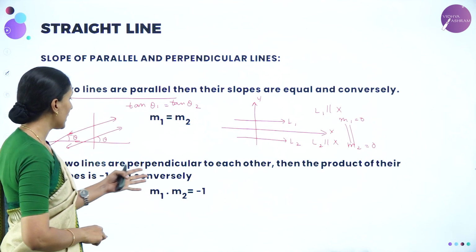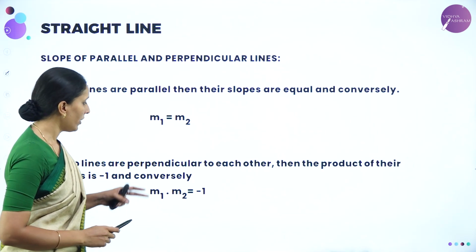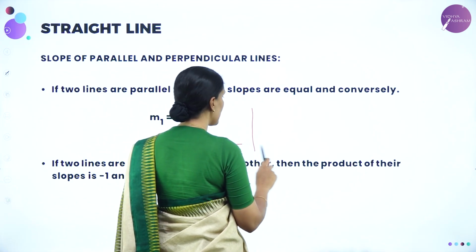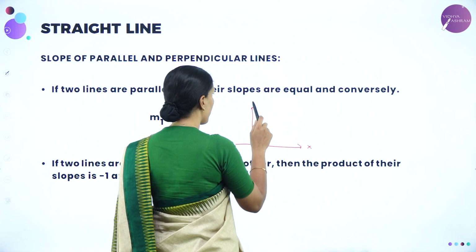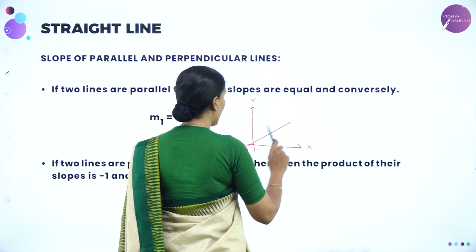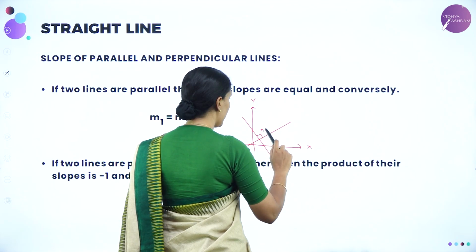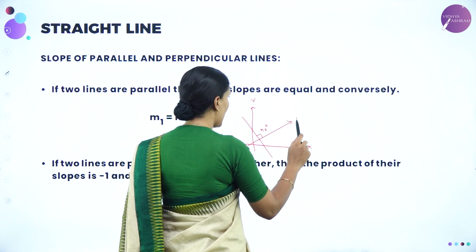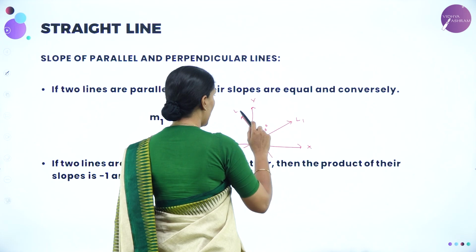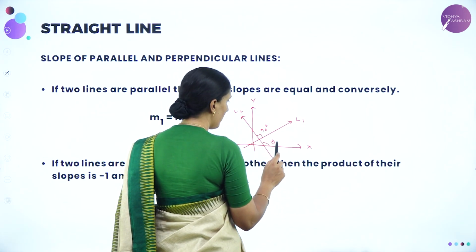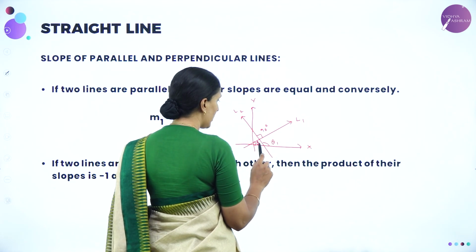Now, let us take perpendicular lines. When we are talking about two perpendicular lines, consider this is your x-axis and y-axis. Let this be one line and this be another line, but the angle between them is 90 degrees. This is line L1, this is line L2. This is an inclination theta 1 and this is an inclination theta 2.